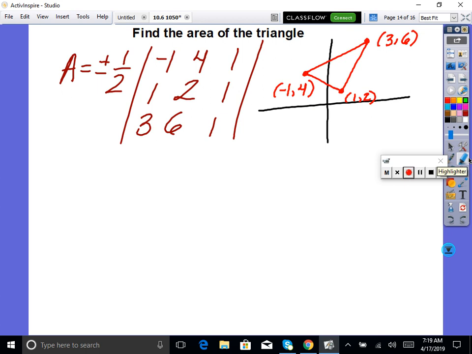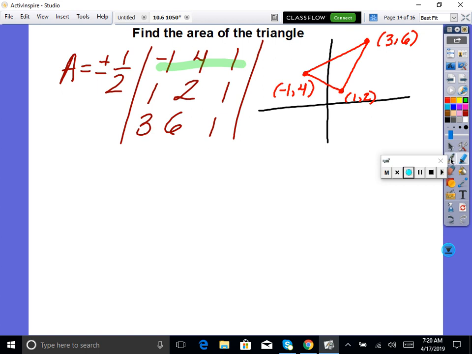Does anyone have any ideas? Do you want to make something a 0 with a row operation, or do you want to just start calculating? Is that just extra work? Should we just start calculating? Up to you guys. I won't say anything, so I'm going to choose to just calculate.